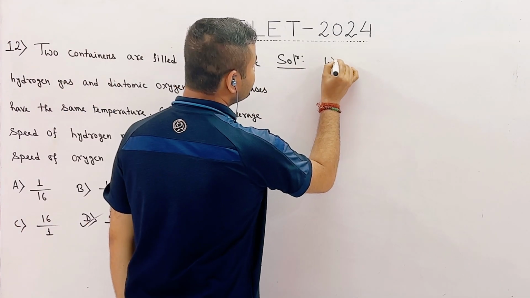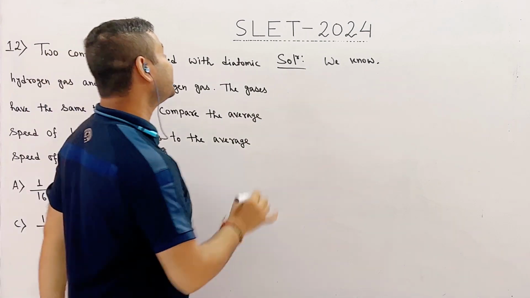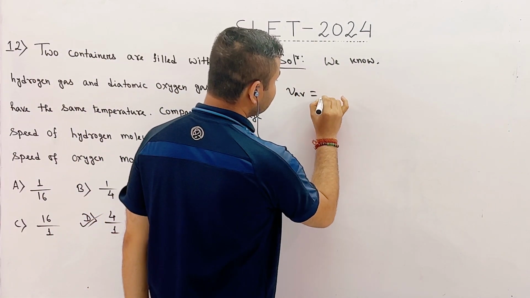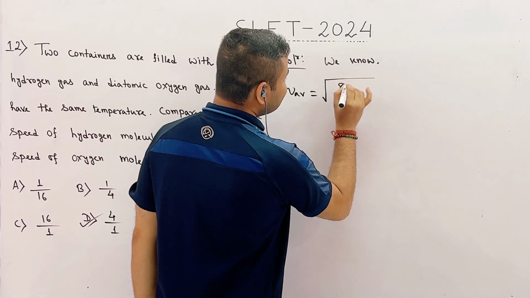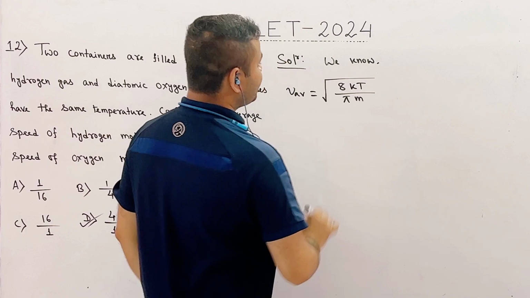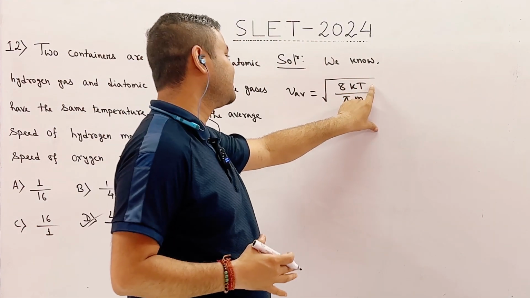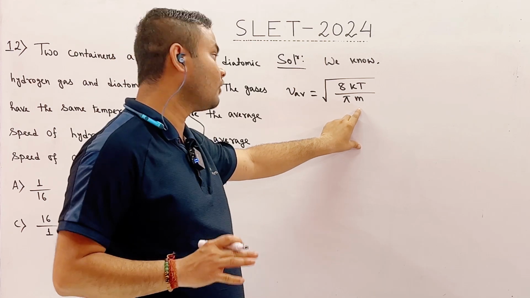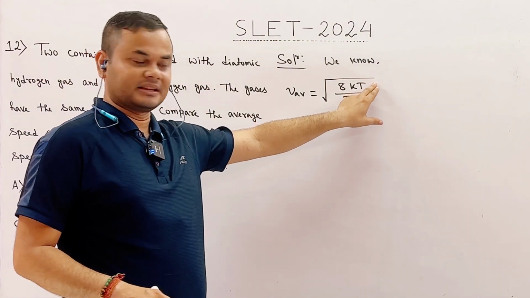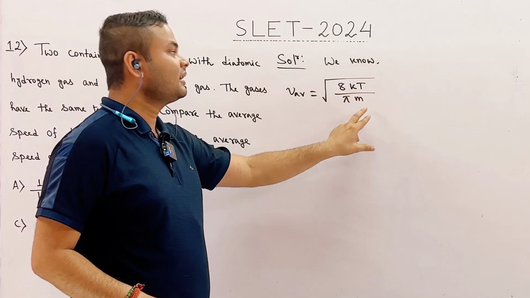Solution. We know according to kinetic theory of gases, the average speed of molecules is given by V average is equal to root over 8kT divided by pi m. Here k is the Boltzmann's constant, T is the absolute temperature and m is the mass of one molecule. Here we have seen that when T is constant, then V average is directly proportional to 1 by root over m.